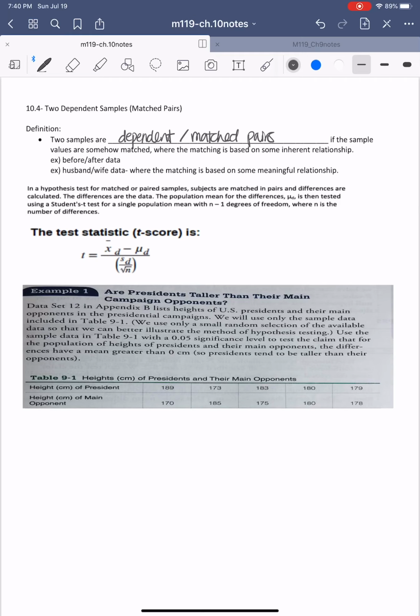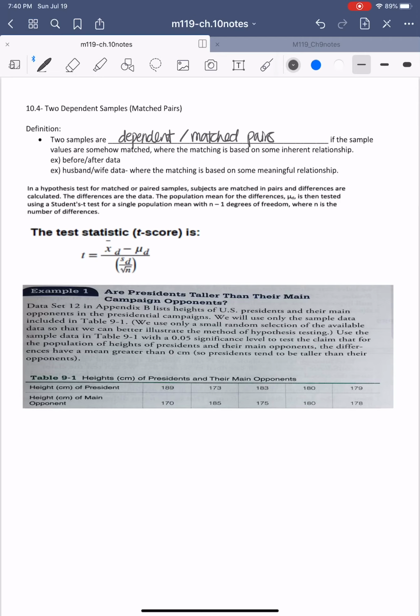In a hypothesis test for matched or paired samples, subjects are matched in pairs and differences are calculated. The differences are the data. So again, we are dealing with the difference data, not the separate data from the groups. The population mean for the difference is mu of D, so you see the subscript D. I'm not labeling group 1 and 2. I'm only dealing with one set of data now, the difference data.